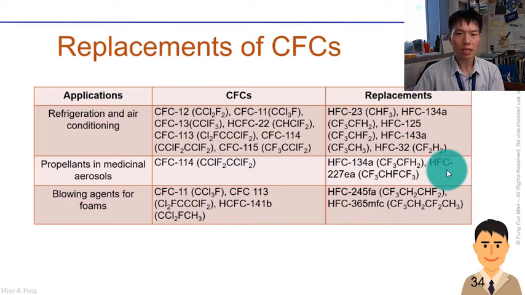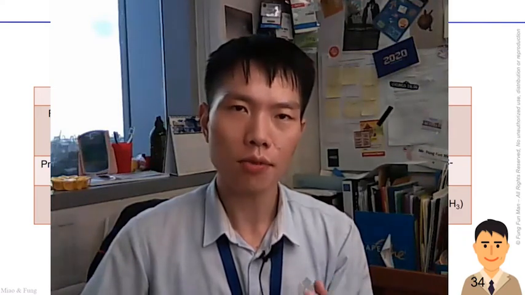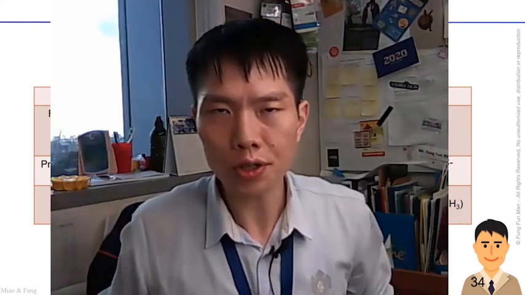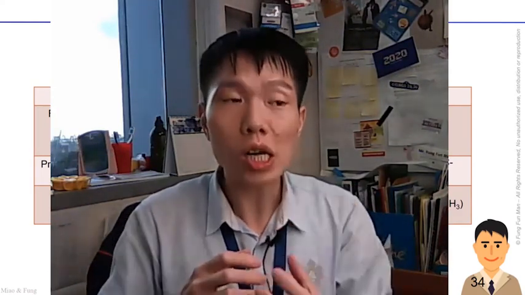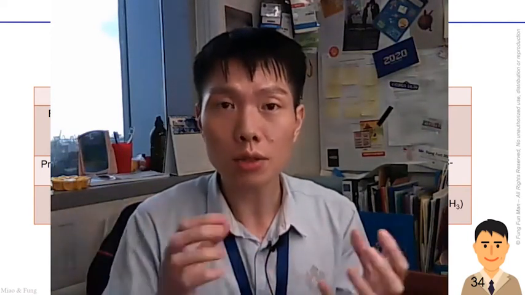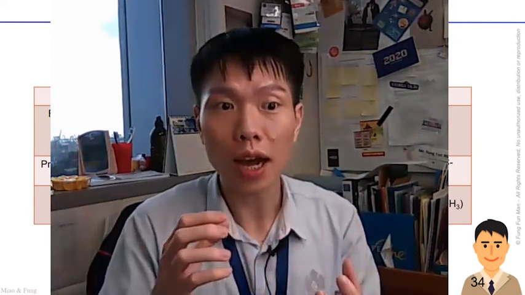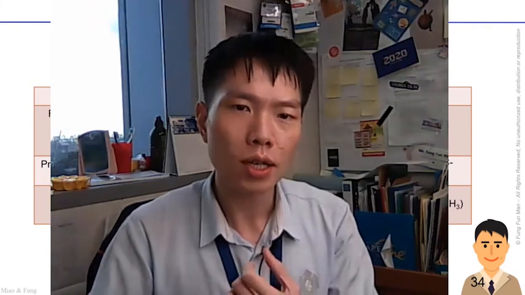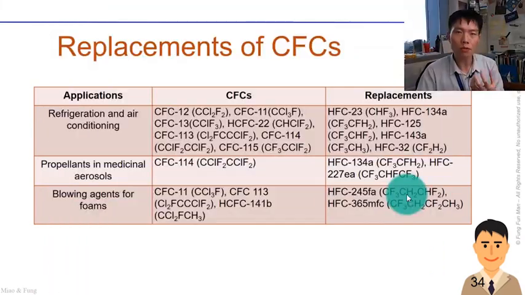You notice that as a replacement, we have 3 carbons compared to a single carbon. That's because CFC-11, with CCl3F, has a very high Mr, so the London dispersion forces cause it to have stronger van der Waals forces. That's why it has strong interactions and a high boiling point. To have a similar substitute, the physical properties can't differ so largely, and therefore we could only replace it with more carbons, at the same time with more hydrogen and fluorine.